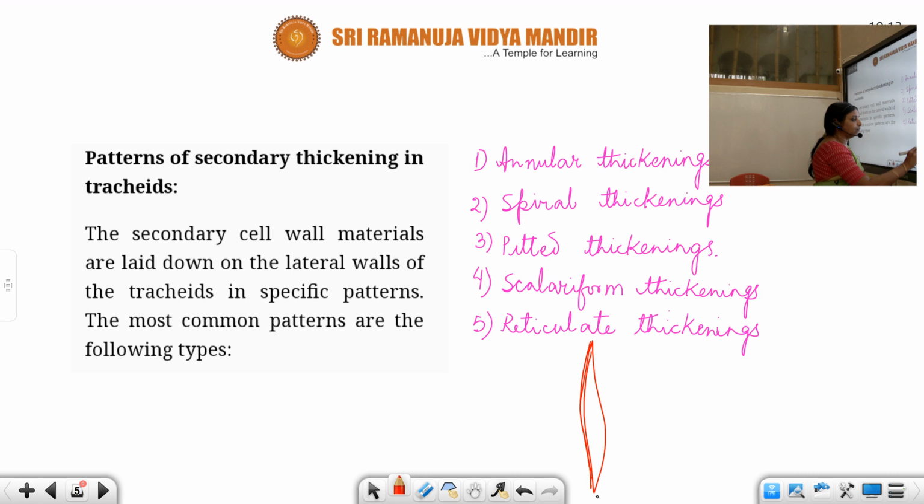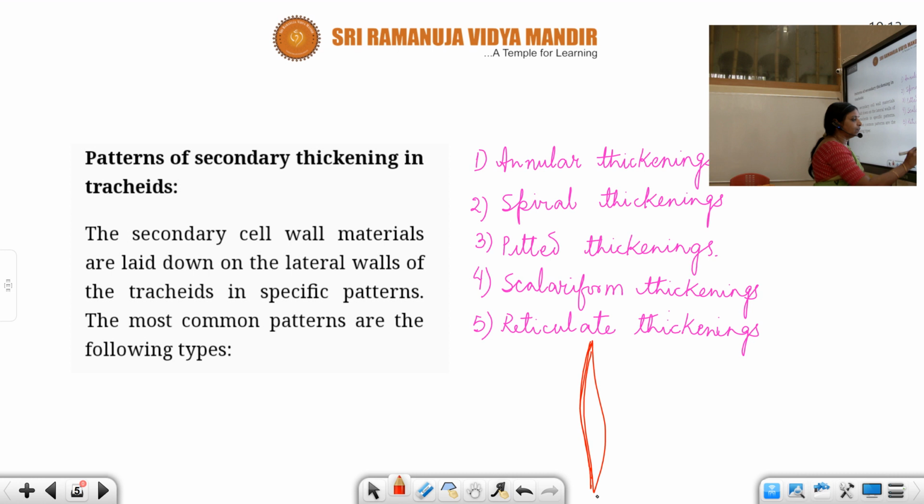So the secondary cell wall material is laid down on the lateral walls of the tracheids, on the parallel walls. That means the wall material is deposited in the tracheids in a specific pattern. In the tracheids, the wall material is present on the inner walls only, and these deposits are in different patterns. The most common patterns are the following types.